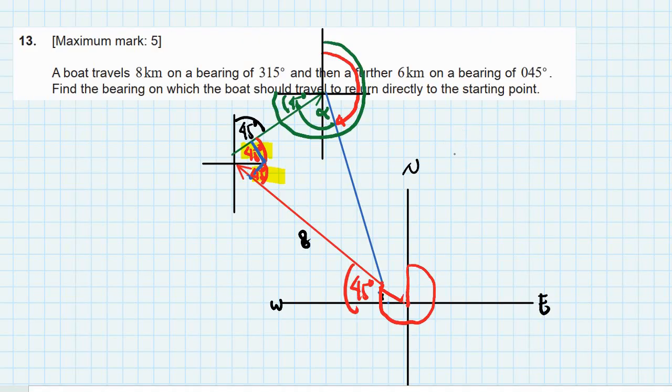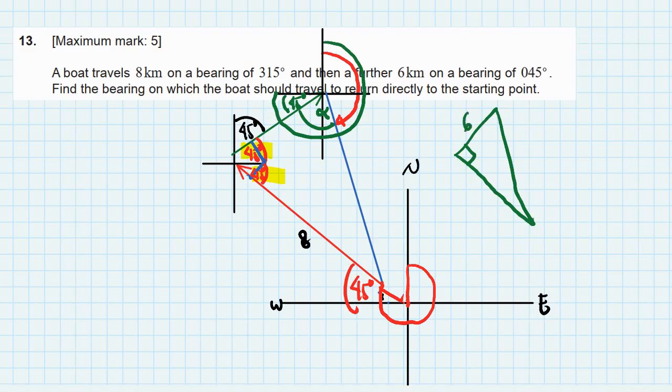We have a triangle that looks like this. This is the right angle triangle, and we know the line here is 6, and this one is 8. We want to find this angle alpha. Let's name the sides.